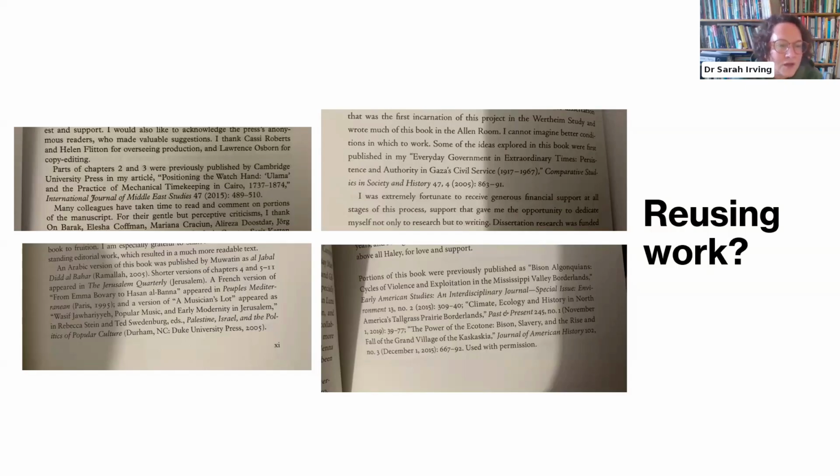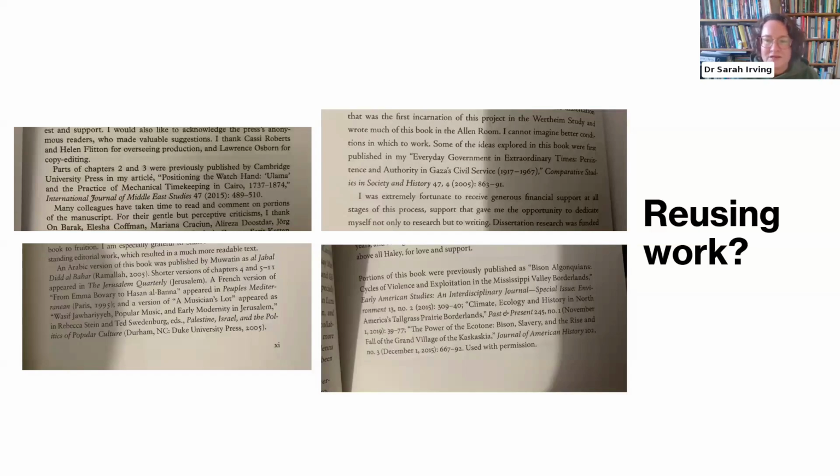So we've got, in the top left, this is from a book on science in 18th and 19th century Egypt. And as this says, parts of chapters 2 and 3 were previously published in an article in the International Journal of Middle East Studies.